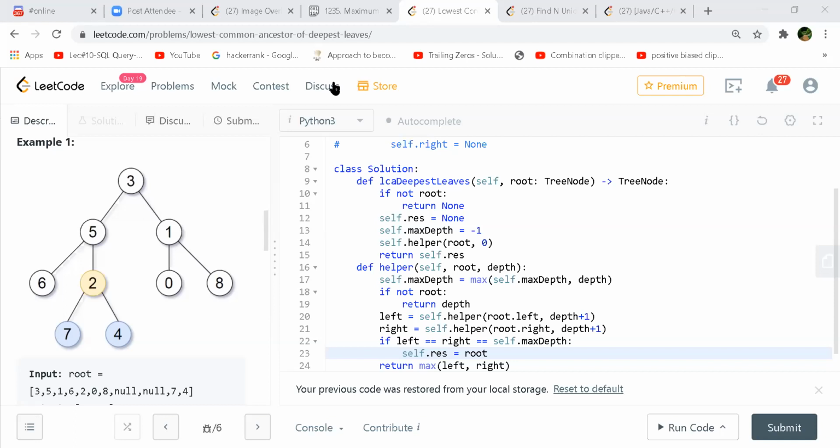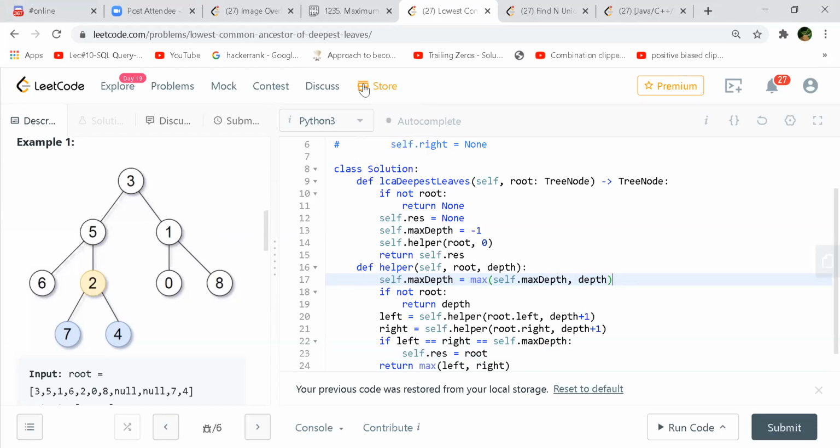So you track the max depth, right? The max depth is like a global variable.